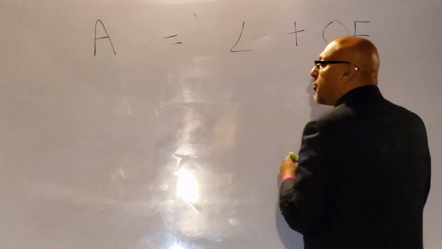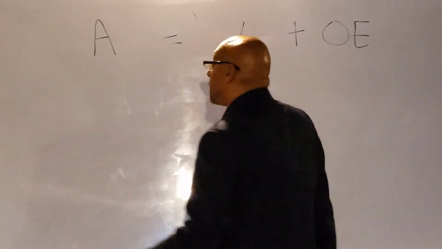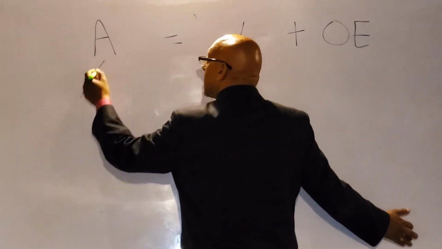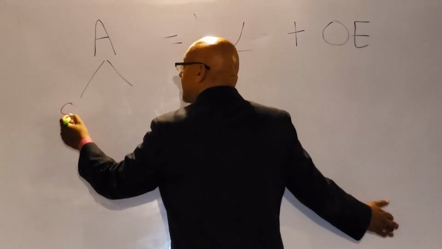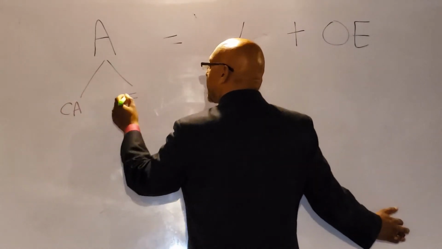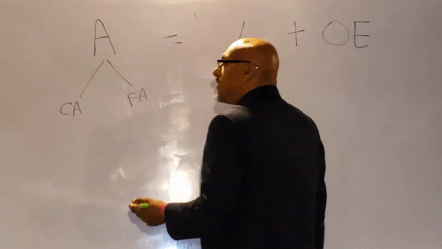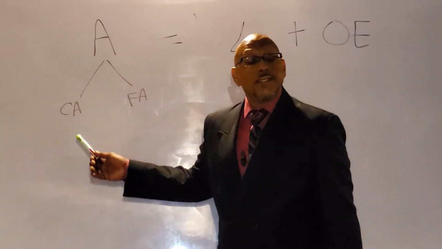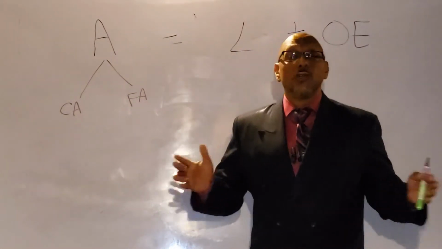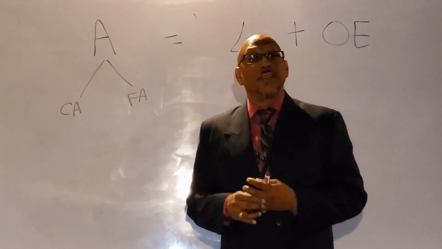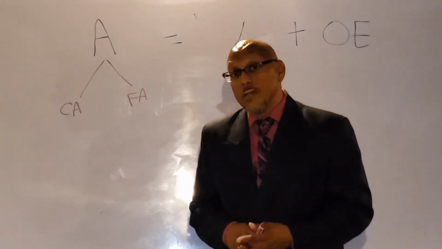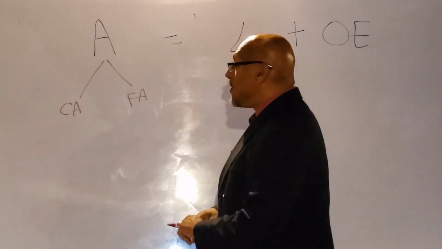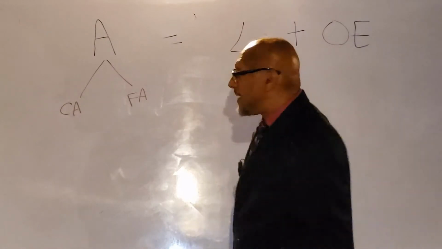Assets are broken down into two main categories. We have current assets and fixed assets. Current assets are assets that have a term of a year or less, last less than a year, or are constantly changing. What are some examples of current assets?